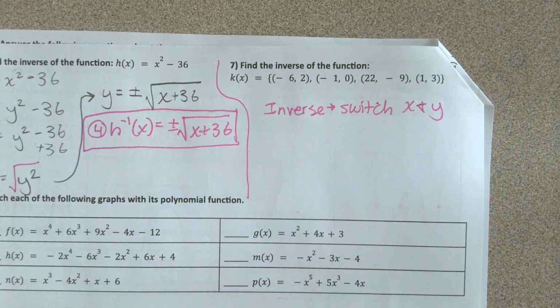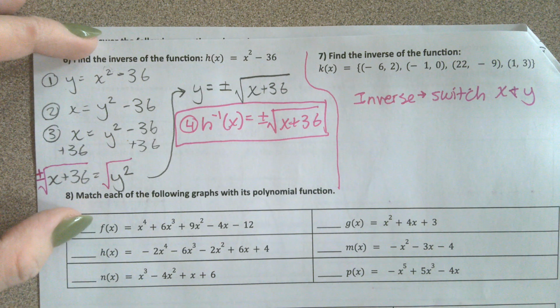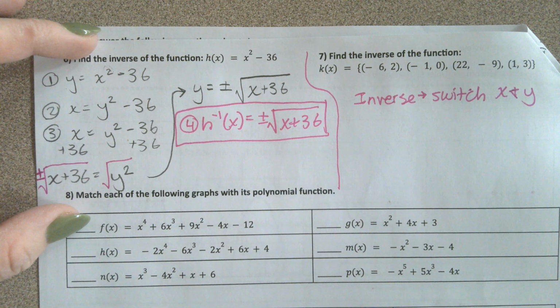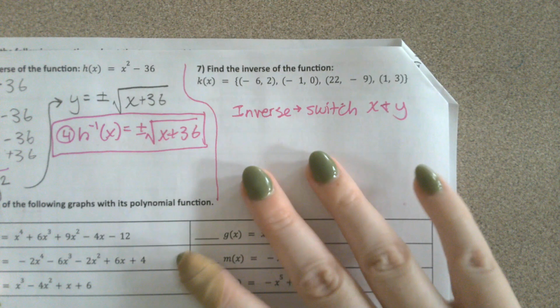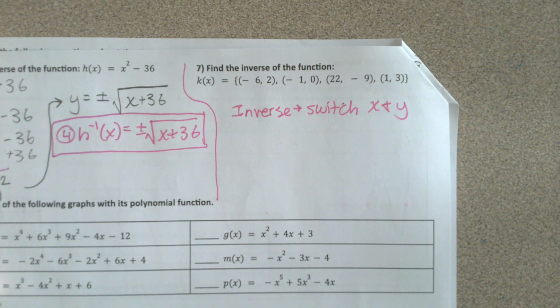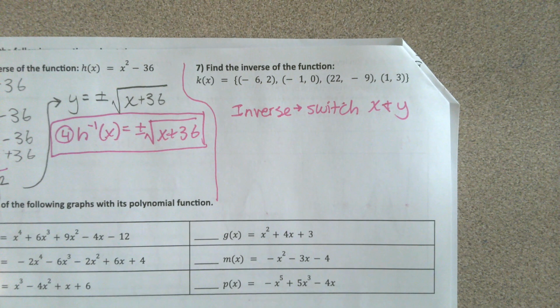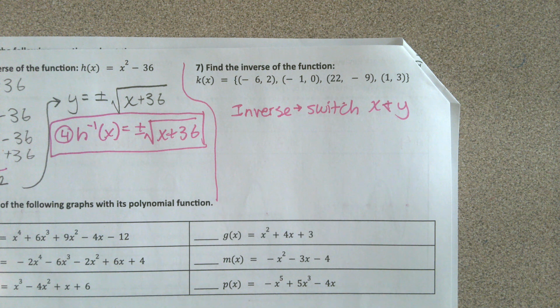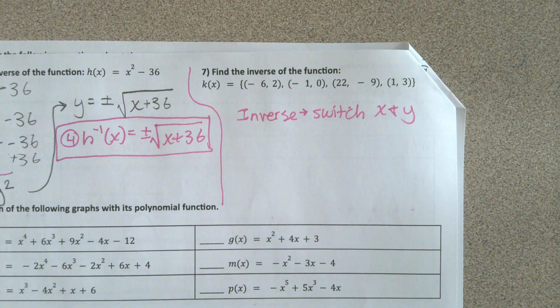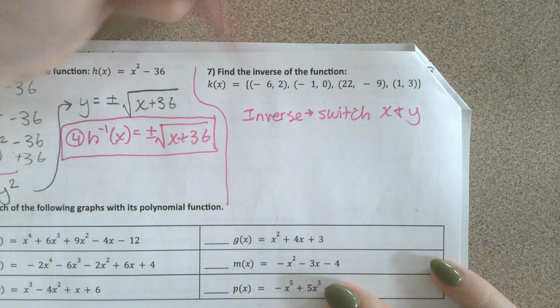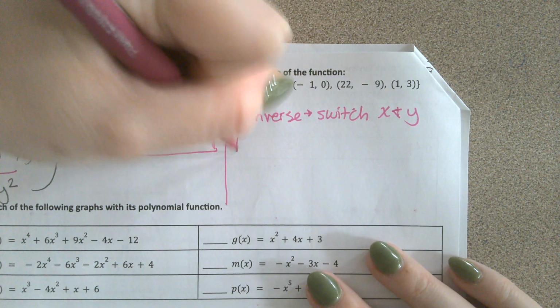That's why I call step 2 in the equation solving process the inverse step, because that's where we switch x and y. So that is what taking an inverse means. At the very basic level, you are switching x and y, whether that's in an equation, on a graph, or on the points. So we're doing the same kind of idea here.